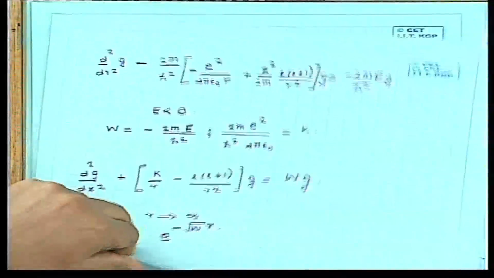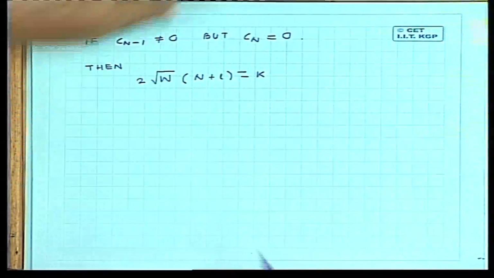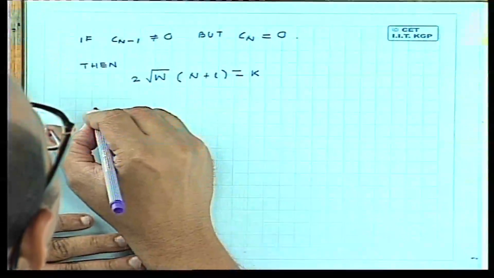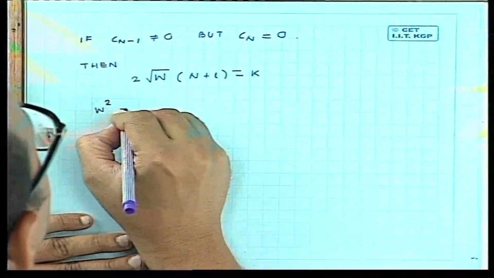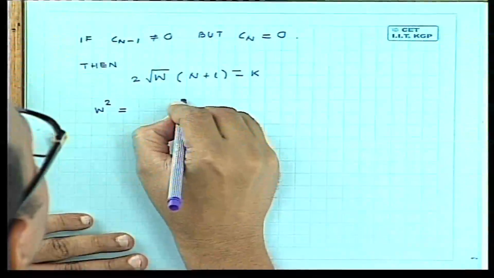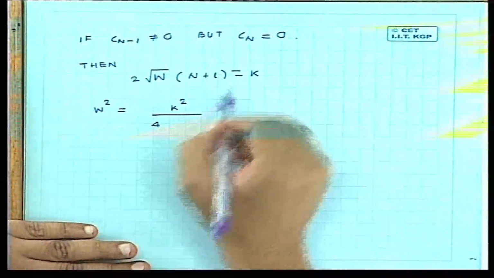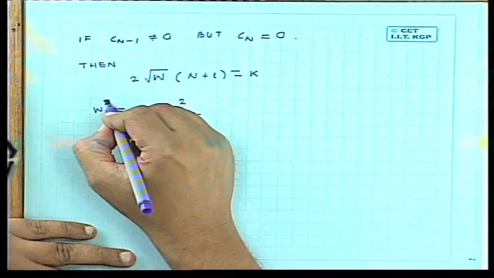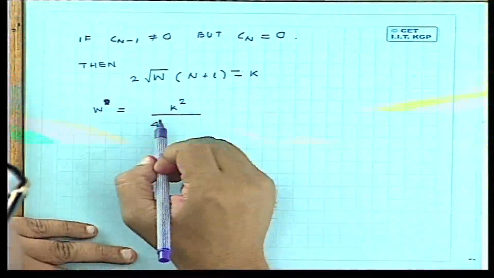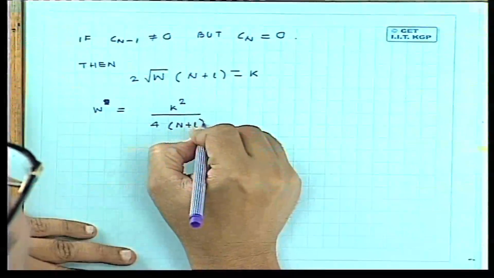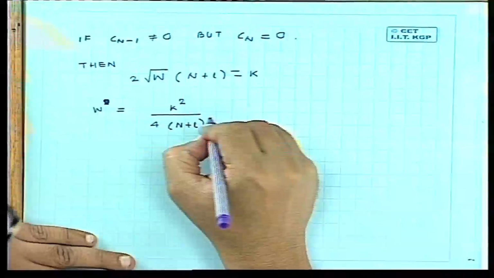So the condition for the wave function to be normalized, the condition which has to be satisfied, is that W square should be equal to k square by 4. W will be equal to k squared by 4 into (n plus L) squared.